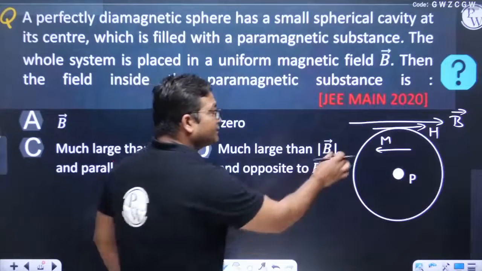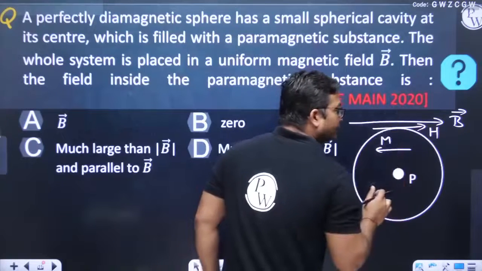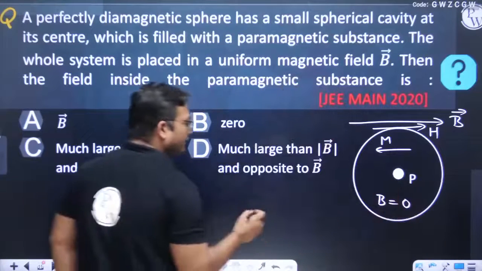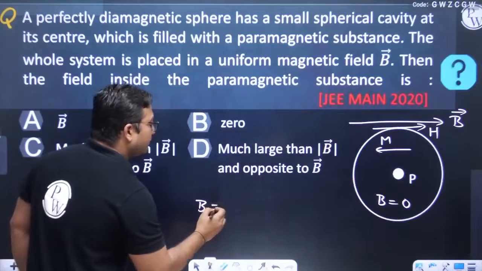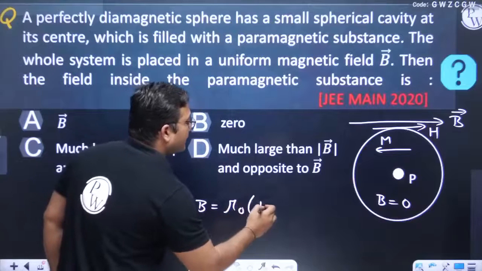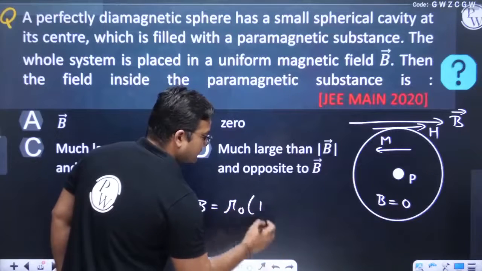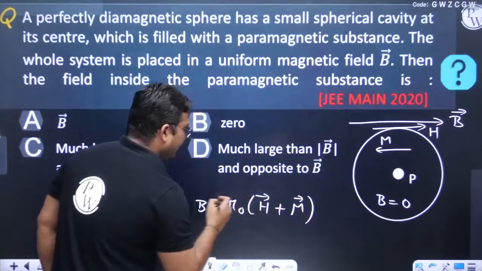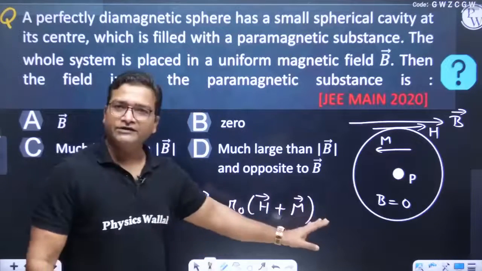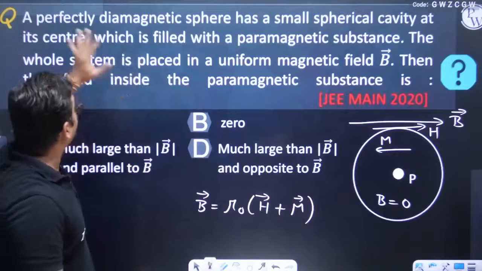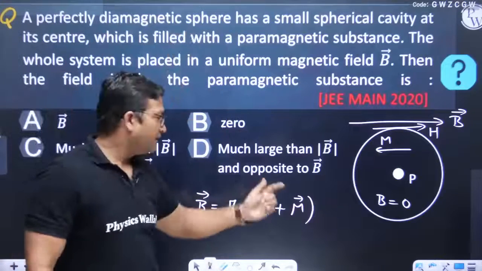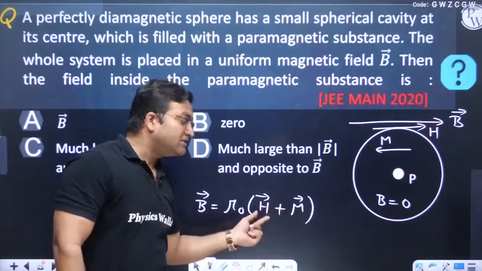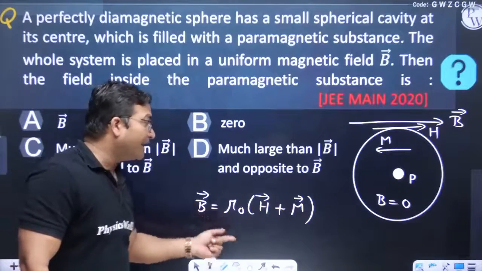And if magnetization completely cancels the outside field, the magnetic field inside is 0, because I think you remember B is equal to mu naught times H plus M. Here H and M are in opposite directions, and because it is a perfect diamagnetic substance, M cancels H completely. So we have net magnetic field 0 here.